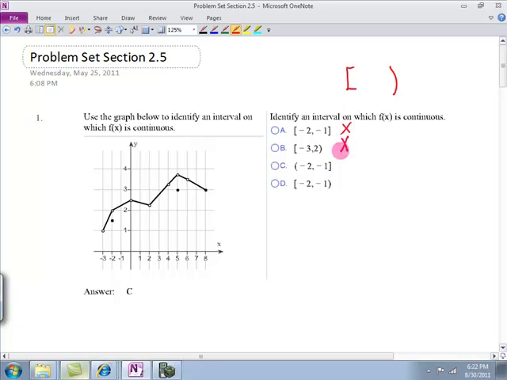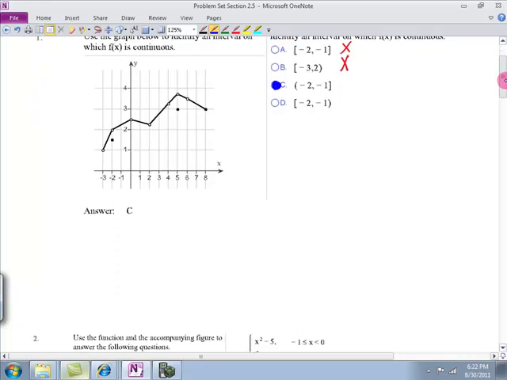That doesn't work. -2 to -1, but -2 is just a boundary. So -2 being a boundary, that's okay. To -1, does that one work? Yeah, that one is the right one. So you really have to look at all of those little intervals and see if they work, okay? And remember about that that's included and that's not.